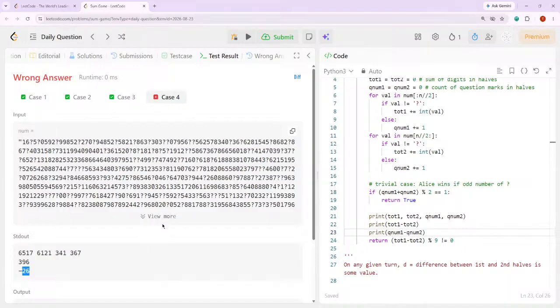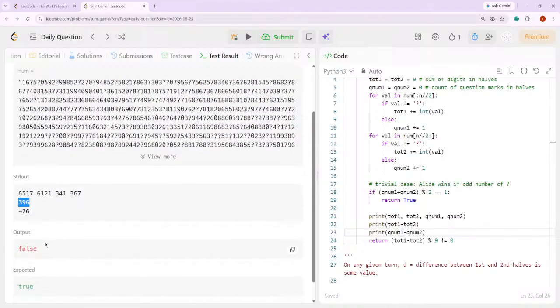So I would assume that Alice would try to pump up the first half as much as possible. So I think Alice should win here.